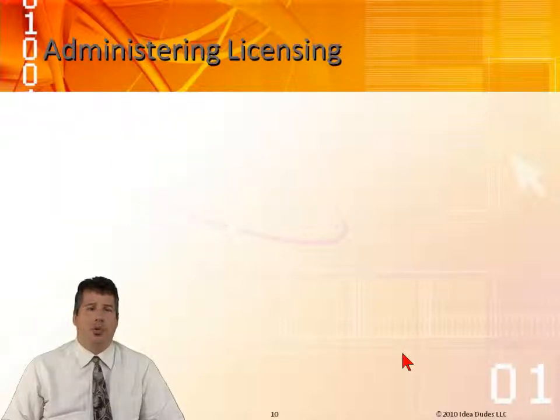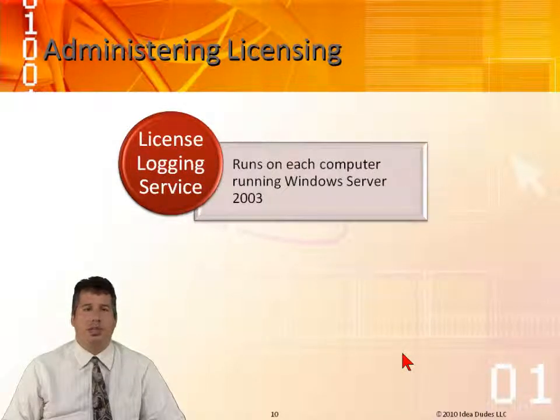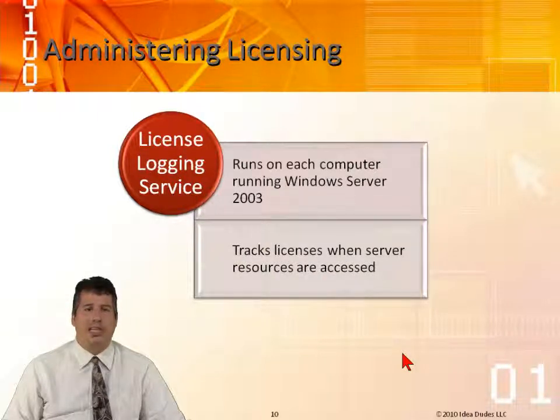Now, when you're administering licensing, the licensing logging service runs on each computer running Windows Server 2003. It tracks licenses when the server resources are accessed. It queries: how many licenses do I have, and how many connections do I have?